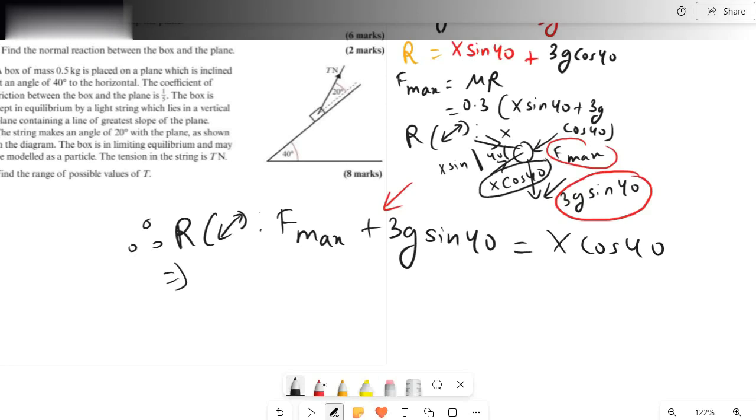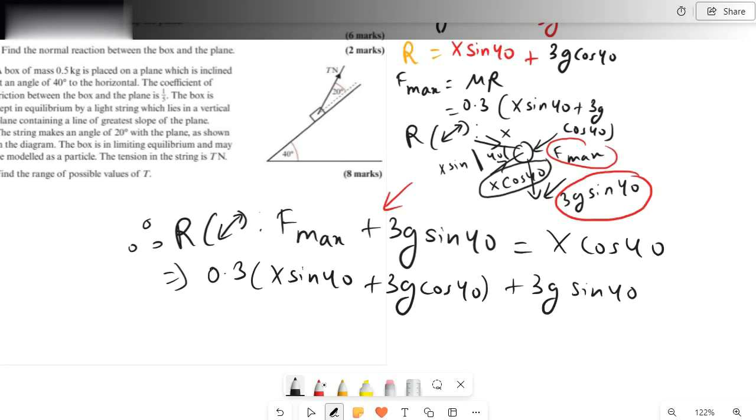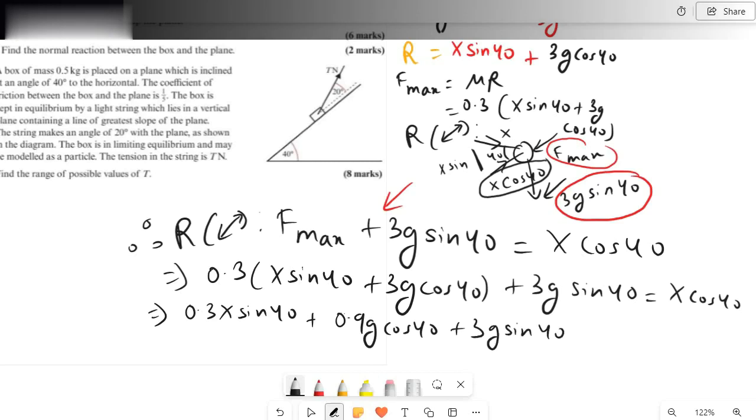So using our expression for F max, we can say that 0.3 times (x sine 40 plus 3g cos 40) plus 3g sine 40 is equal to x cos 40. Multiplying the terms, we get 0.3 x sine 40 plus 0.9g cos 40 plus 3g sine 40 is equal to x cos 40.